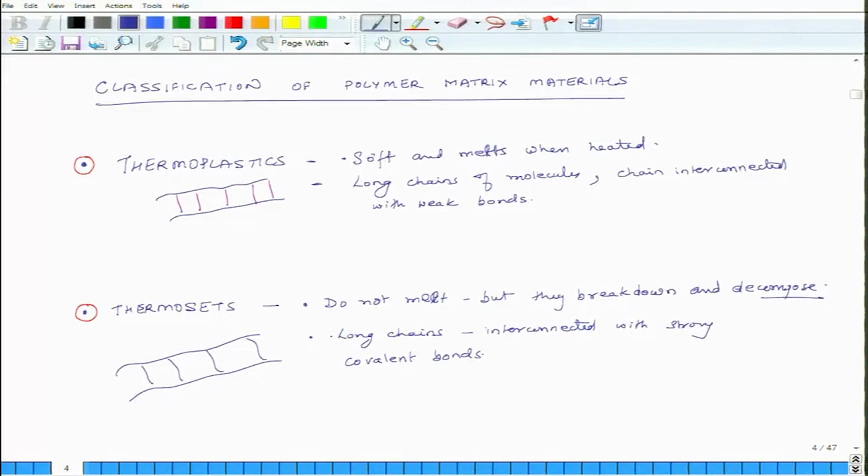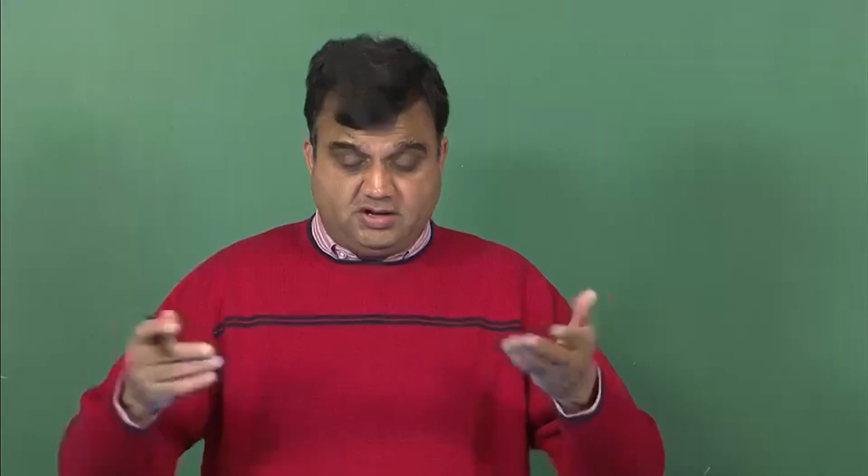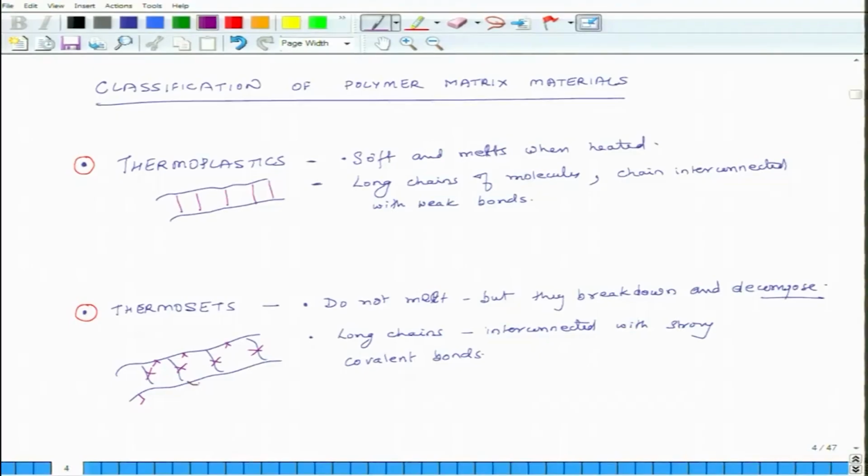When you heat the whole thing, the bonds in the chain and bonds between the chains are strong and they don't do much, nothing happens. But if you keep on heating it, all of a sudden at a particular temperature, these bonds break, and also you start having breaking of bonds along the chain. Once these covalent bonds break and you cool it, they don't develop any further.